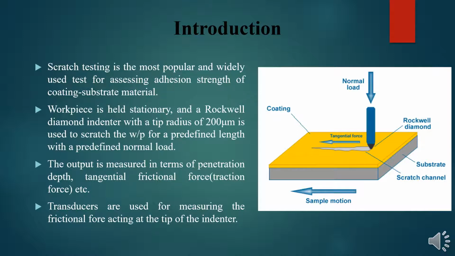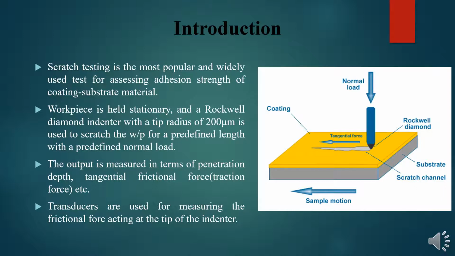When the load is applied on the coating material, the load at which the first crack appears is called the lower critical load, and is a measure of the cohesion strength of the coating. The load at which total peeling of the coating from the substrate surface occurs is called the upper critical load, and it is the measure of adhesive strength of the coating to the substrate.